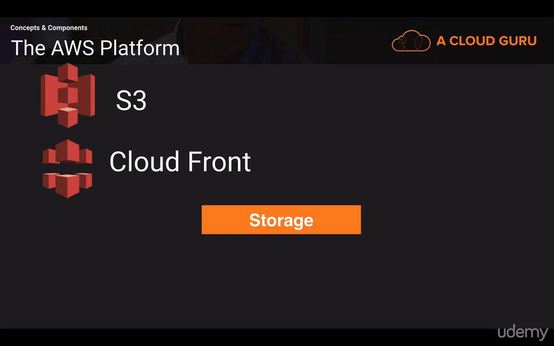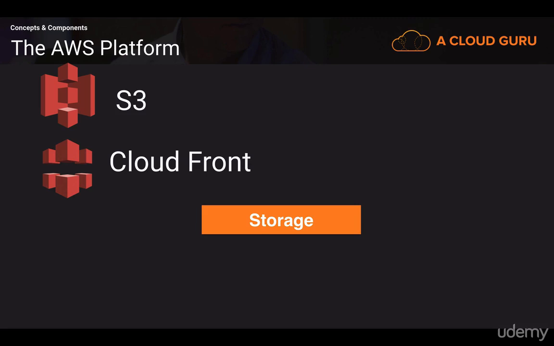Off the back of S3, we have CloudFront. CloudFront is Amazon's content delivery web service, or CDN service, and it integrates with other AWS products such as S3. CloudFront, you'll remember, has different edge locations throughout the world. So essentially, an edge location is a place that caches your files.